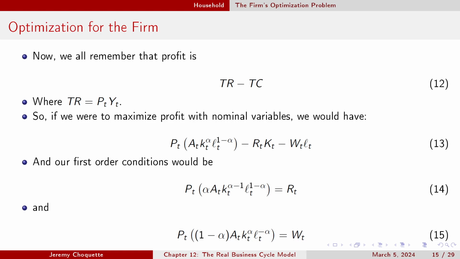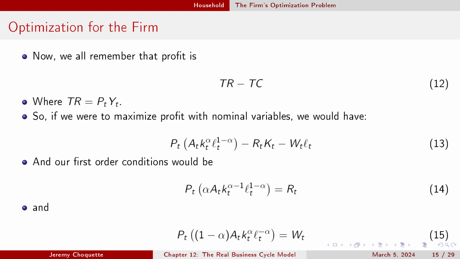If it's R T plus 1 rather than R T, dividing by P T, then that's where the inflation adjustment needs to come in. But if it's the same period, R T and P T, divide by P T, boom, you get a real variable.